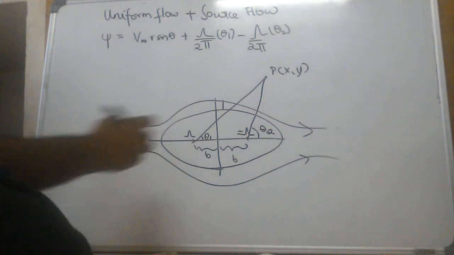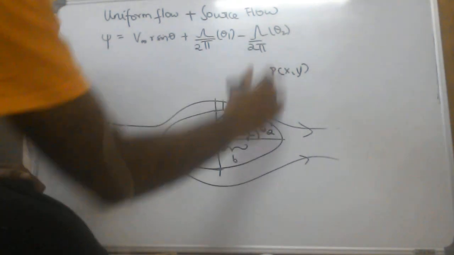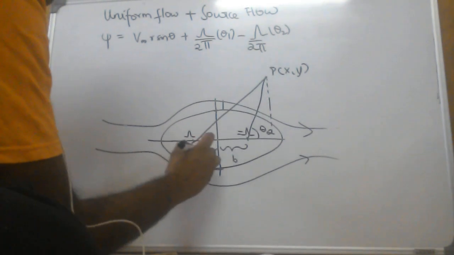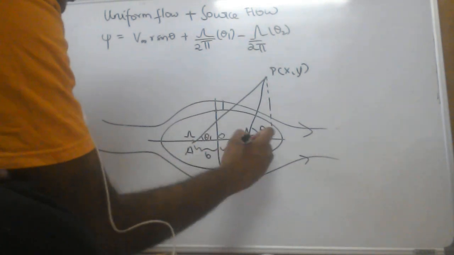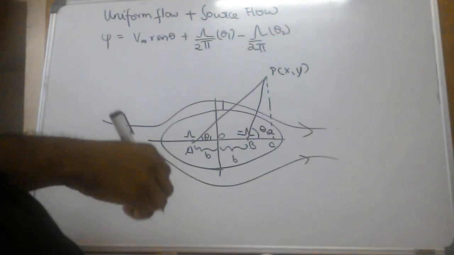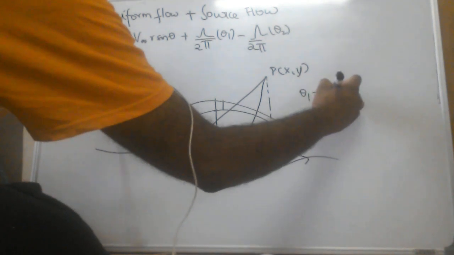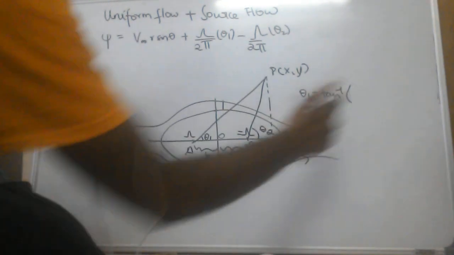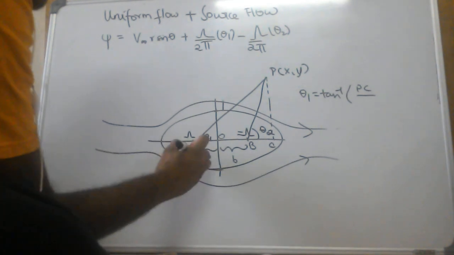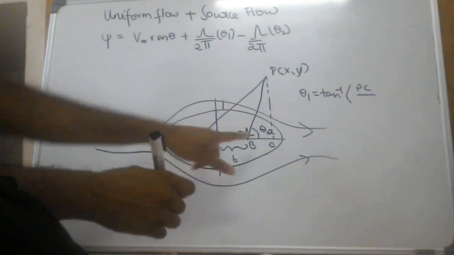So theta 1 can be written as the tan inverse of, let me just name these points P, A, O and B, and I have a point C. So theta 1 is going to be tan inverse of PC divided by AC, right? So what is AC?